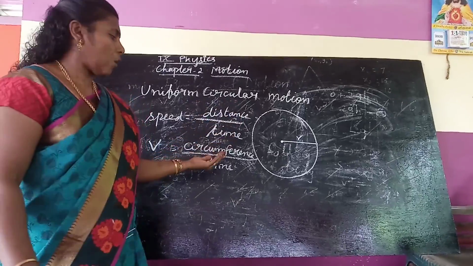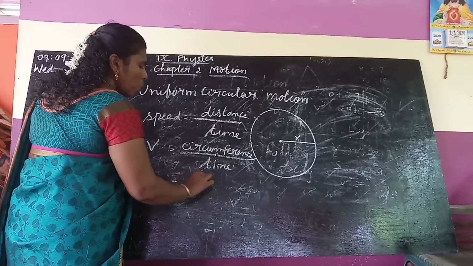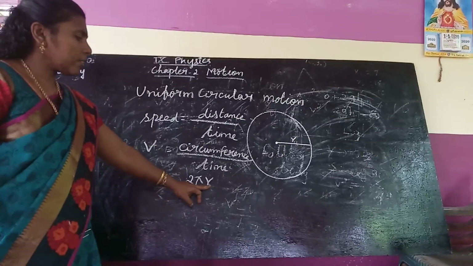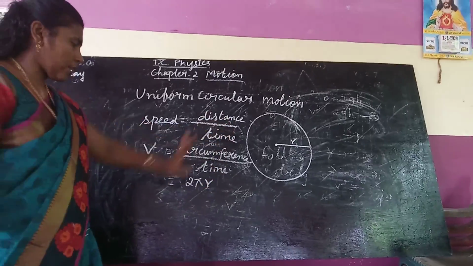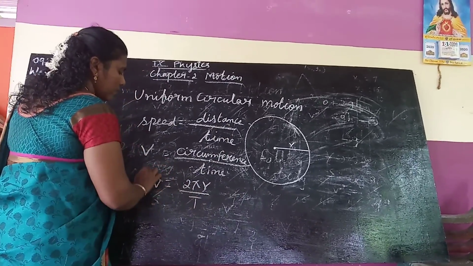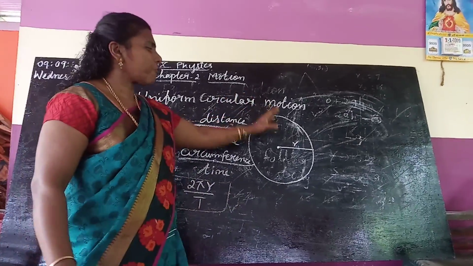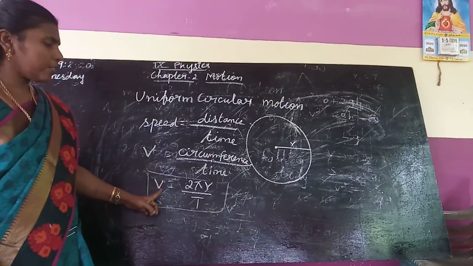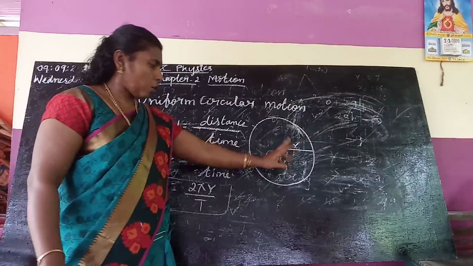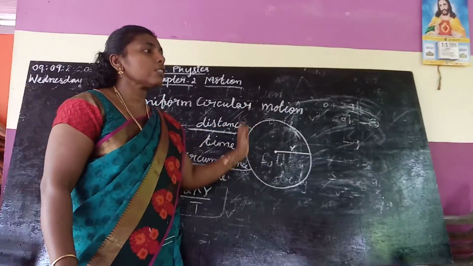We learned it in lower classes. 2 pi r. See, this r means radius of a circle, divided by time t. So this is the formula to calculate the speed of a uniform circular motion. So v means speed of an object, r radius, and t time taken. How much time is taken to rotate this object?